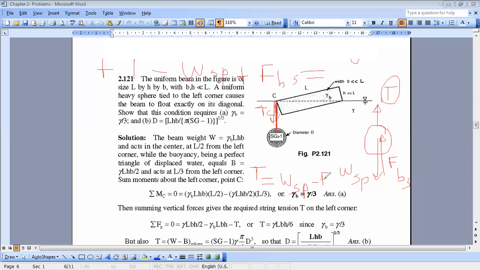Now, since my sphere is completely immersed in the fluid, the weight of the sphere is gamma of the sphere times the volume of the sphere, while for the buoyancy force, since it's completely submerged, I will take the same volume, but of course gamma of the fluid. So I will replace F buoyancy by gamma fluid times volume of the sphere.